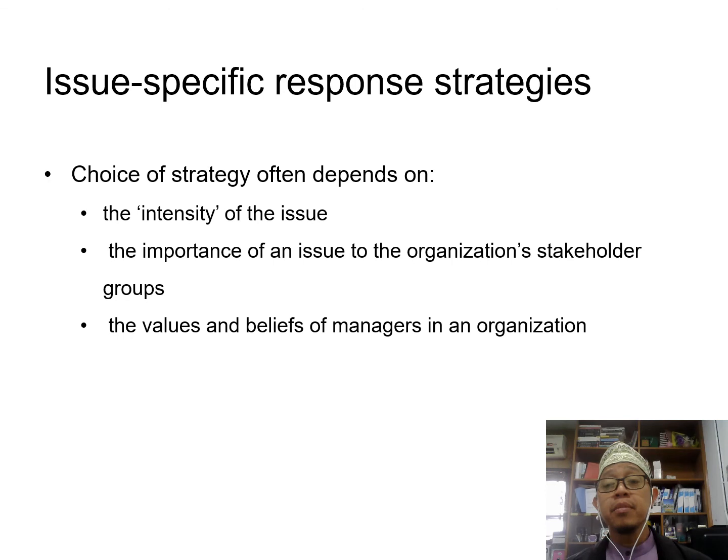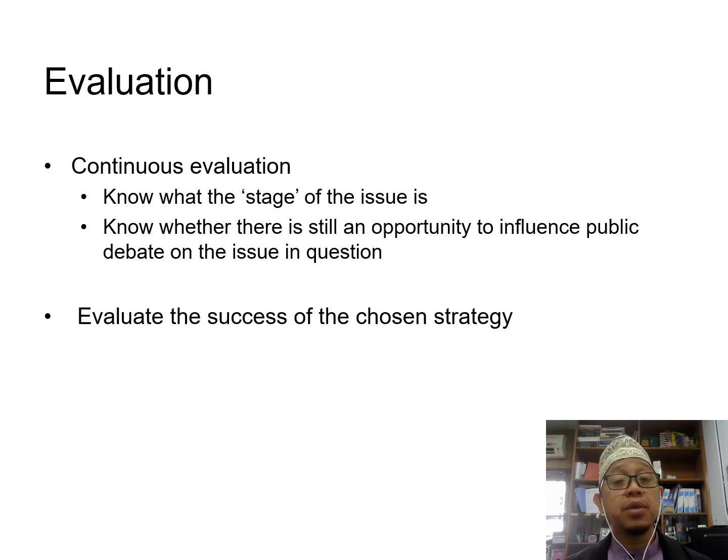Next is evaluation. Evaluation is continuous, and it identifies what stage the issue is at. It is very important to diagnose the state of the issue so that you can take the right strategy in solving the situation, and also know whether there is still an opportunity to influence public debates on the issue in question.